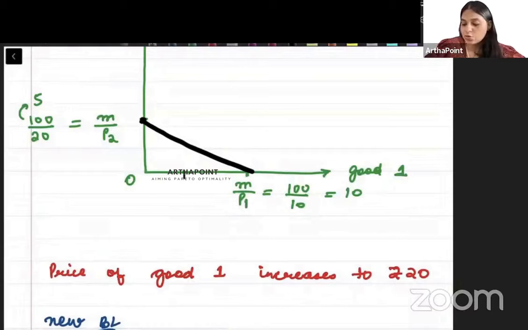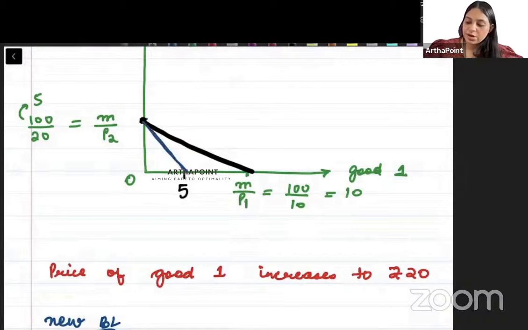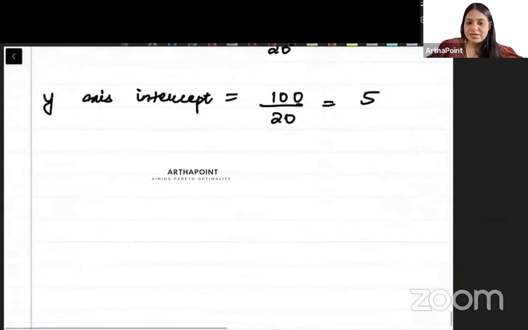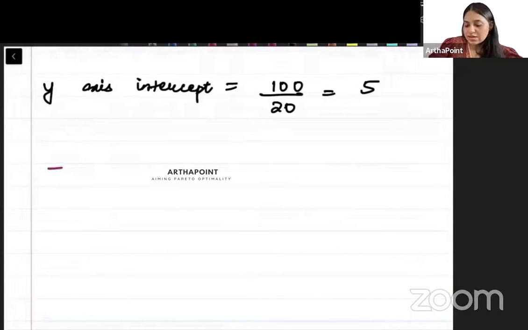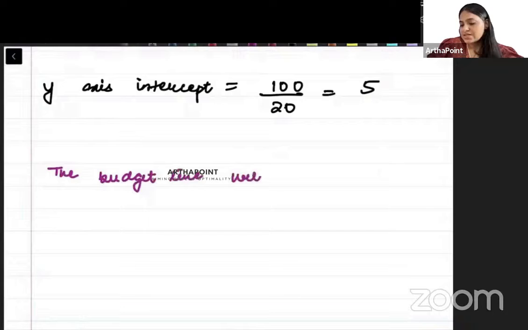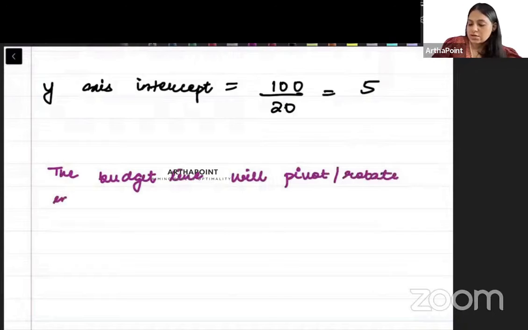And this will become your new budget line. ये आपका new budget line हो जाएगा. And this is pivoting inwards. We can say that the budget line is called as pivot or rotate inwards.